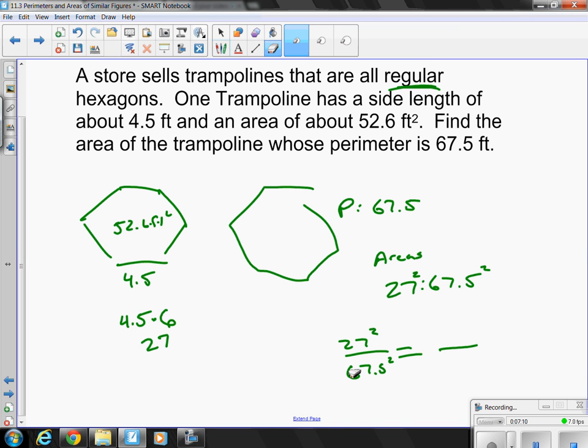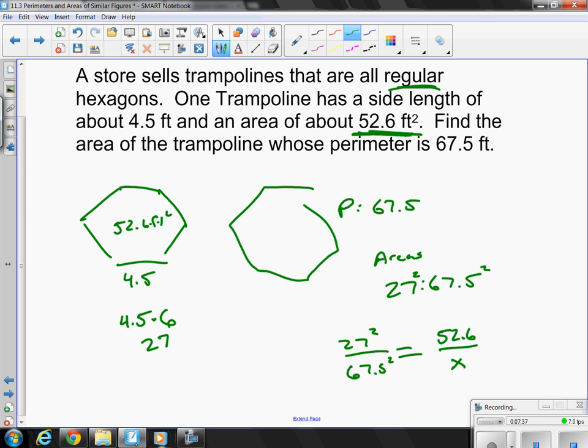I was looking for this. That corresponded to the 27 side length. So I want 52.6. The small hexagon to the big hexagon is going to equal the small hexagon to the big hexagon. So we can use this ratio.